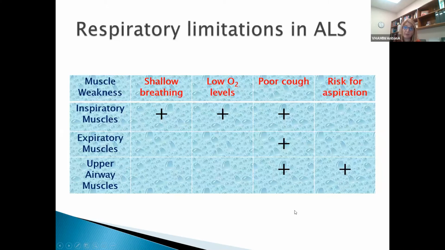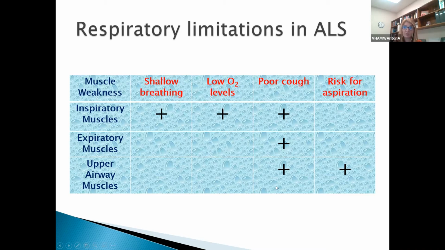So when the breathing muscles get involved by disease in patients with ALS, patients start having symptoms. And you could see that based on the different groups of muscle being affected, patients develop different types of symptoms. When the diaphragm and other intercostal muscles are involved, patients experience rapid shallow breathing with low oxygen levels.